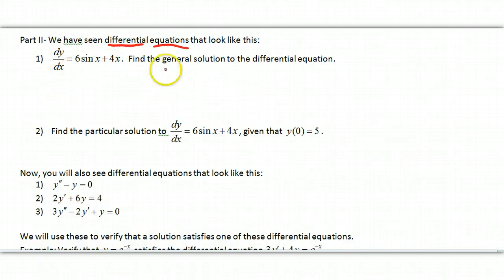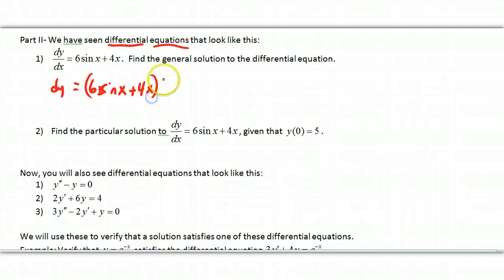So if we have to find the general solution, we do dy is equal to 6 sine of x plus 4x. And what we want to do with this is multiply this by dx. And then I want to go ahead and take the integral of both sides.